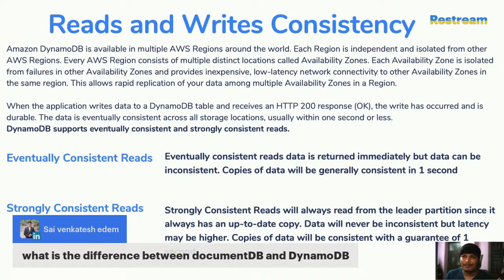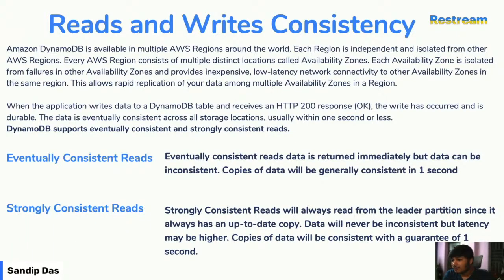This is a managed service compatible with MongoDB. You can simply create one DocumentDB cluster in AWS, get the URL and use that. That's what it is. And DynamoDB is completely serverless. You're not managing any cluster. You're simply creating a table and storing and retrieving data. That's the biggest difference.